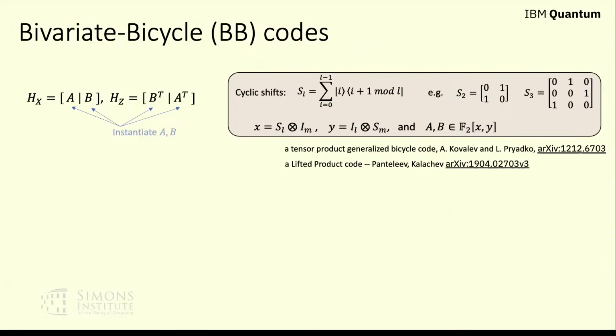And you can see some examples here. And we'll define variables X and Y, which are really matrices. So X is the cyclic shift of L items and it's identity on the M items. And then Y is identity on the L items and cyclic shift of M.